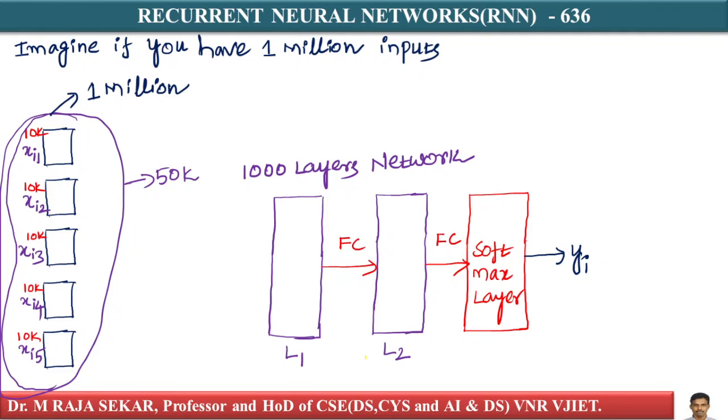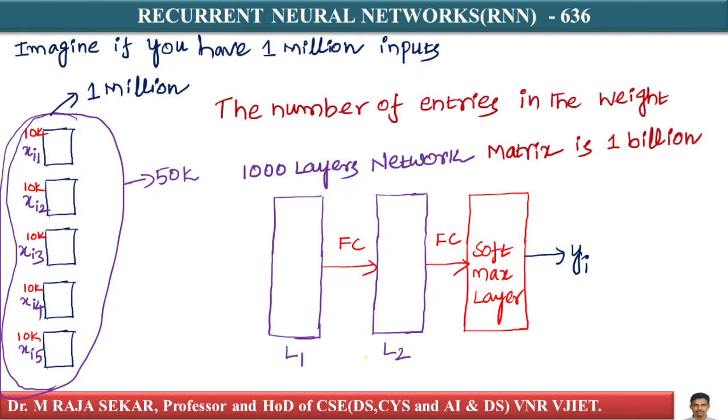The number of entries in the weight matrix is going to be 1 billion, isn't it? You have 1 billion weights that you have to train. That's important, because you have 1 million inputs here, and in the next layer I'm assuming 1000 neurons.